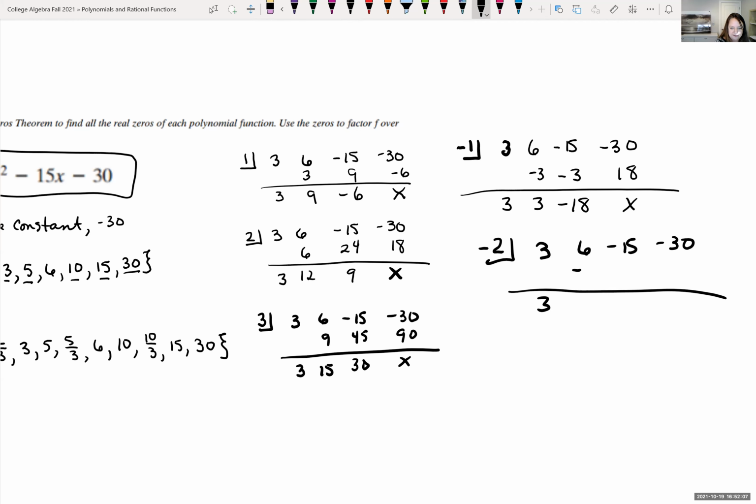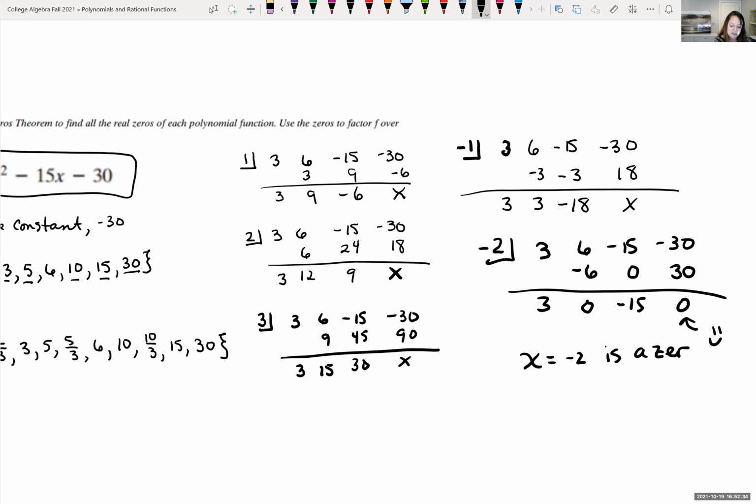Negative 2 times 3 is negative 6. Negative 6 plus 6 is 0. Negative 2 times 0 is 0. Negative 15 plus 0 is negative 15. Negative 2 times negative 15 is 30, and this is 0. So that tells me x equals negative 2 is a 0.